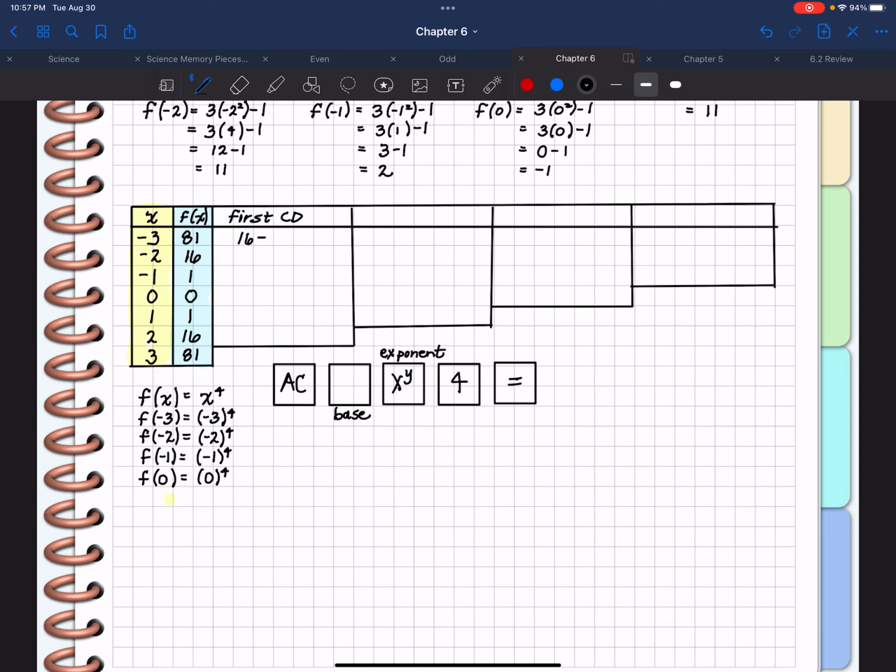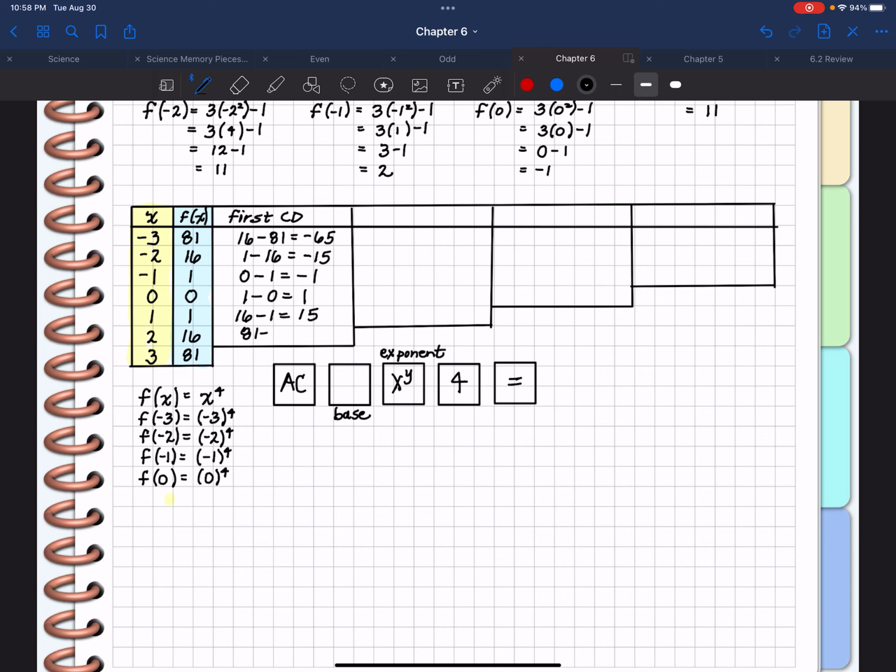So I have 16 minus 81. 16 minus 81 is -65. 1 minus 16 is -15. 0 minus 1 is -1. 1 minus 0 is +1. 16 minus 1 is 15.